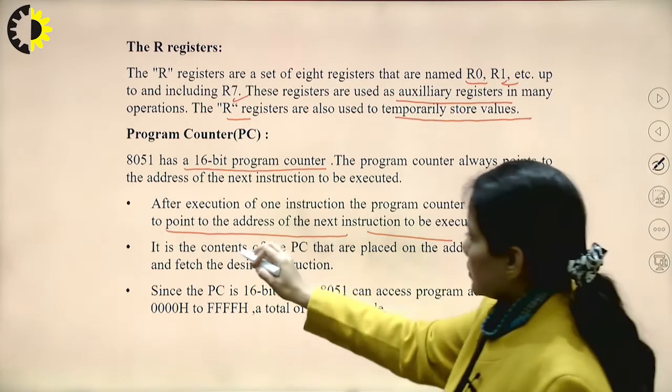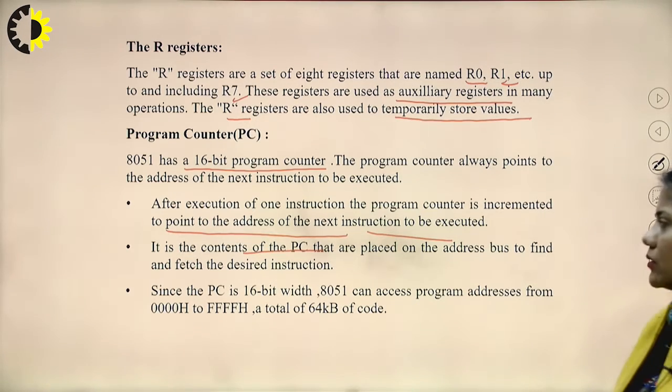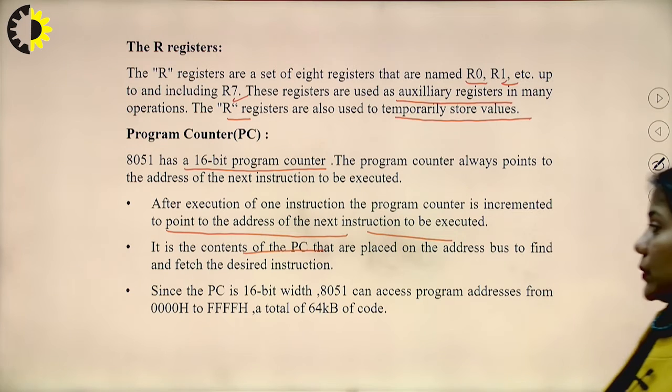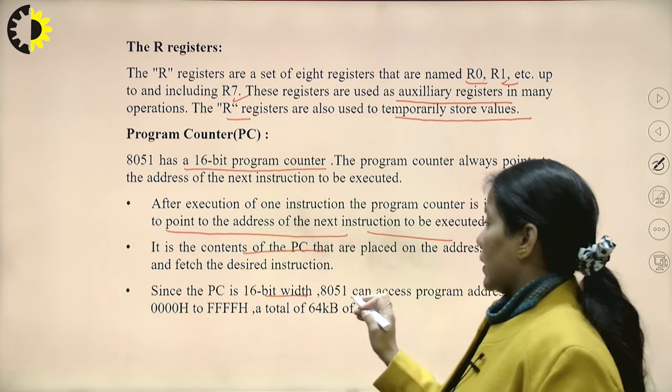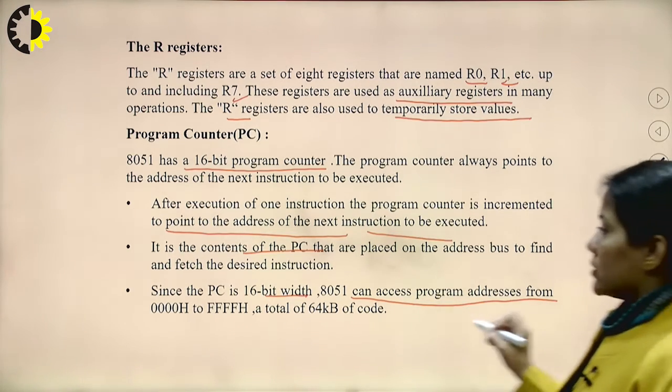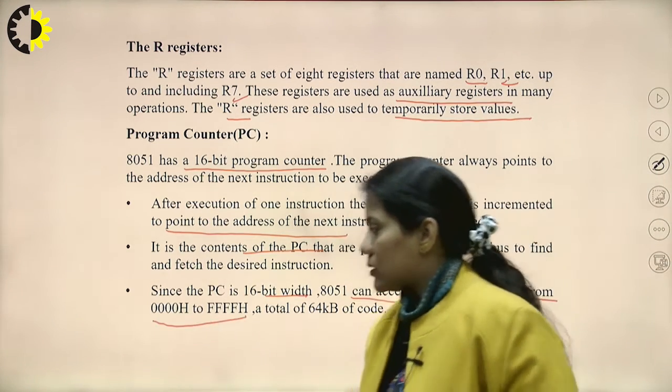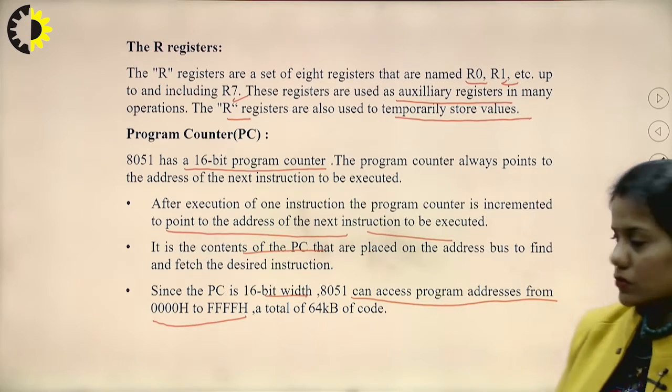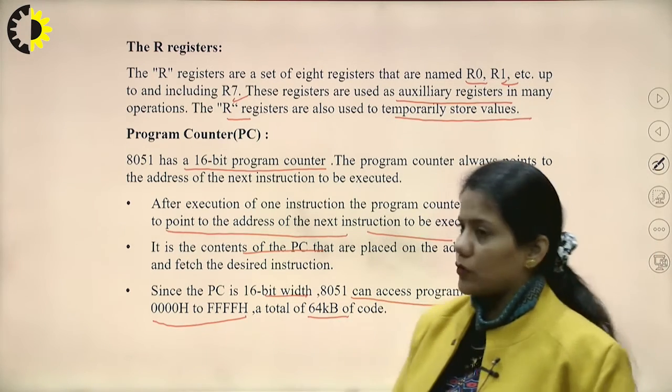So, it is the contents of the PC that are placed on the address bus to find and fetch the desired instruction. Since the PC is 16-bit width, 8051 can access program addresses from this to this range. So, that is a total of 64 KB of code.